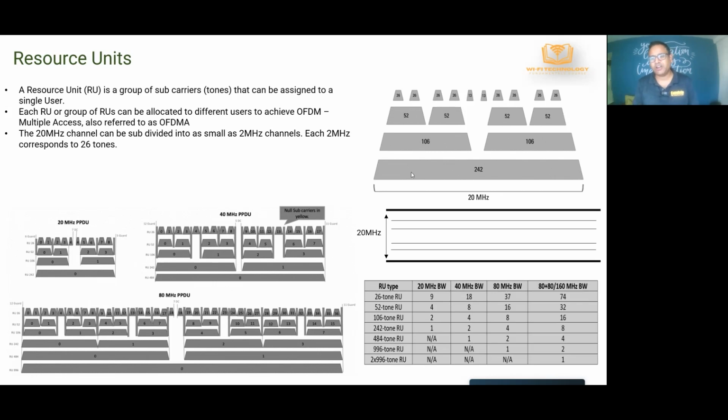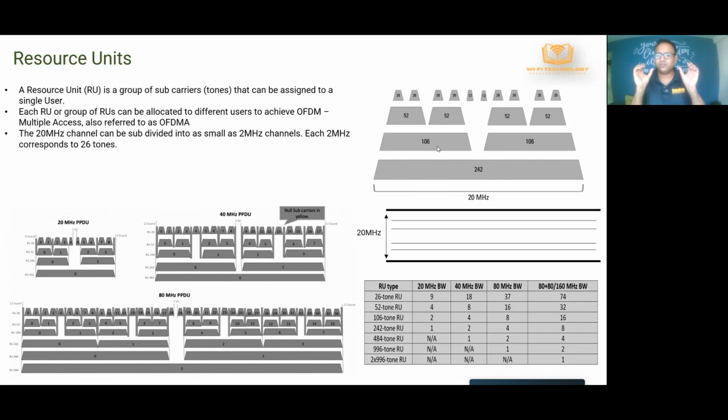OFDM. But for OFDMA, you now have an option of saying, I want to break this down into two resource units of 160 tones each. So now you're able to have two devices transmitting simultaneously at lower bandwidth. It's like the highway example I gave you. Now you can use 2 lanes for one vehicle and 2 lanes for another vehicle across a 4-lane highway.